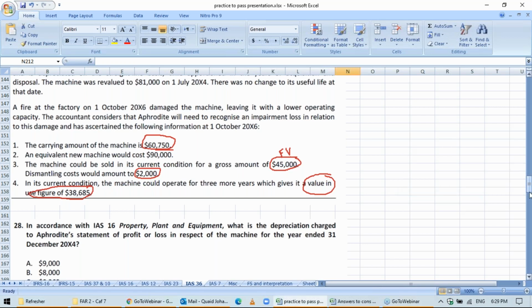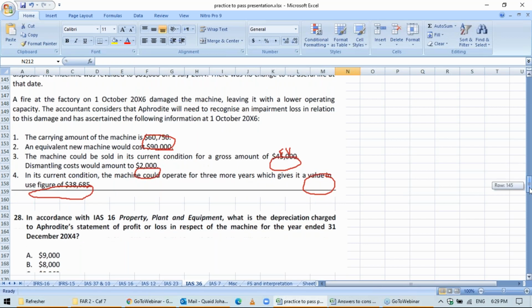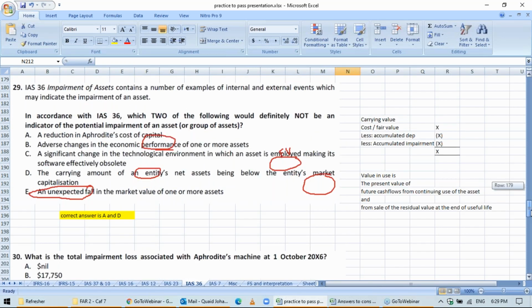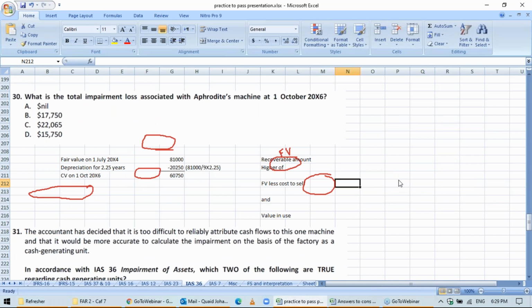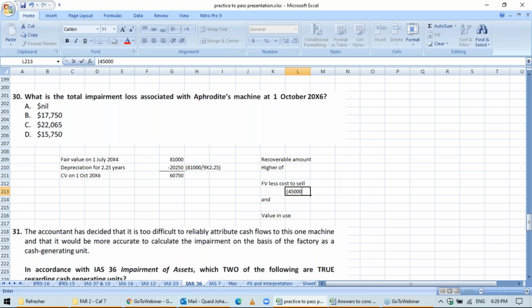So let's do it. The fair value is 45,000 and the cost to sell is 2,000. This gives you 43,000.